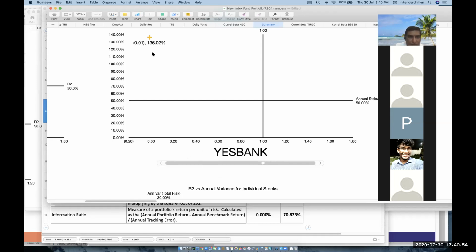Yes Bank, okay, but again keep Yes Bank out because that's affected by other factors. The standard deviation of an individual stock. So let's take a look at Infratel. Infratel is in this category where beta is low, but the overall standard deviation is very high.